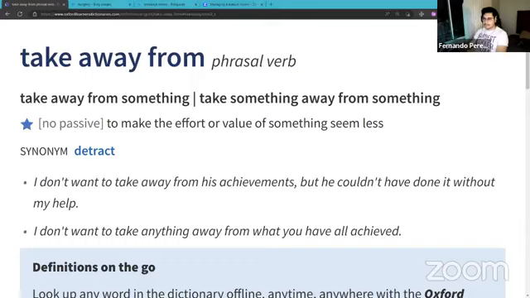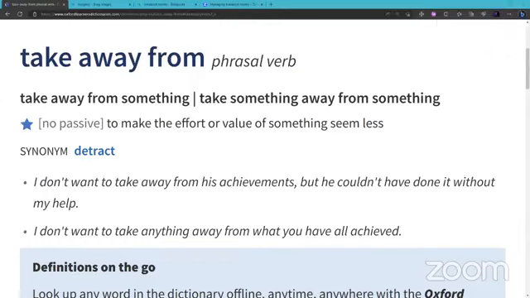And an example is, I don't want to take away from his achievements, but he couldn't have done it without my help. Okay, I understand it.